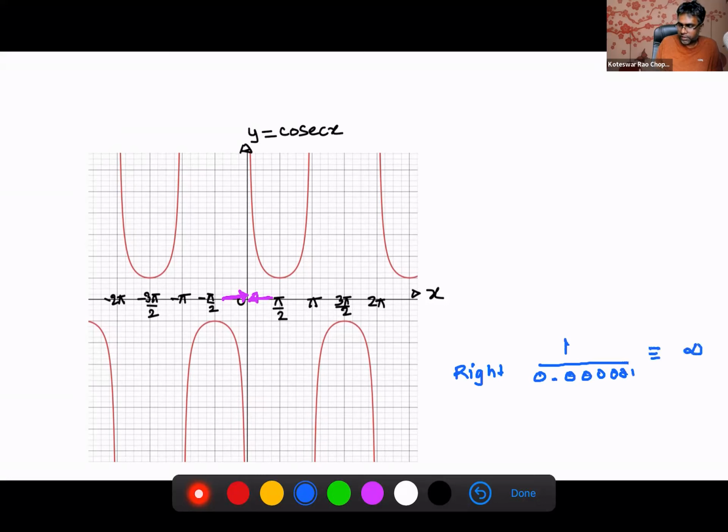So we'll just say plus infinity. Now, if I'm to the left of 0, I still have a small number like this, but I have a minus sign to carry with it. 0.000001. So now I'll still have an infinity, but it is a minus infinity.